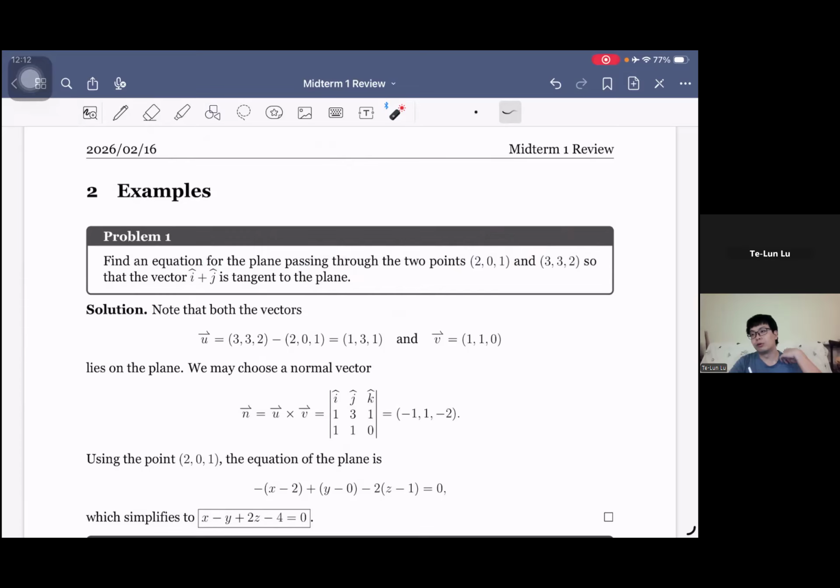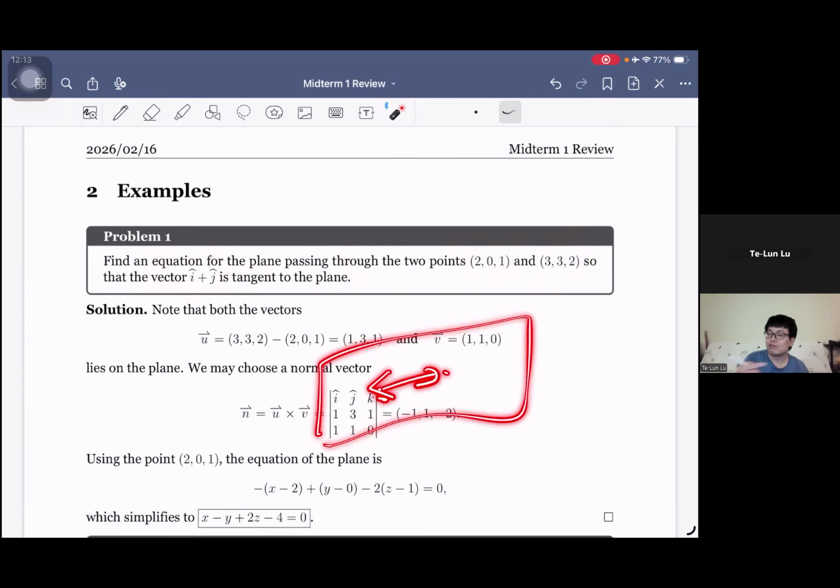So let's recall, for a plane, you need two pieces of information: a point, which you have now 2, and you also need a normal vector, right? So we now have a tangent vector. To generate the normal vector, we need another tangent vector to perform the cross product. And that can be simply given by the difference of these two points, right? If you have 2 points on a plane, then either direction gives you a tangent vector on the plane.